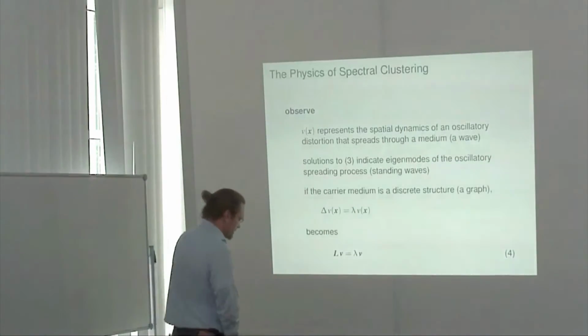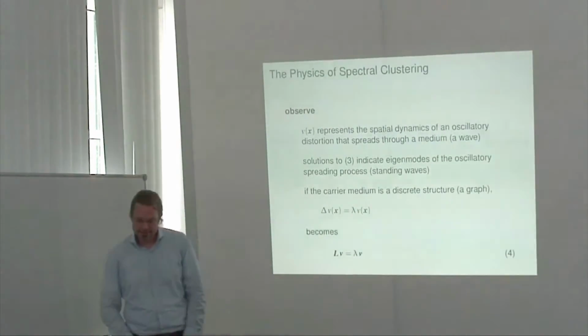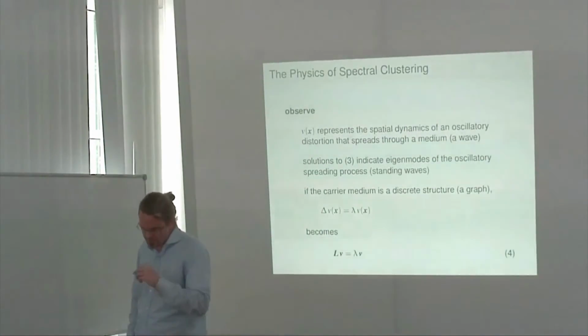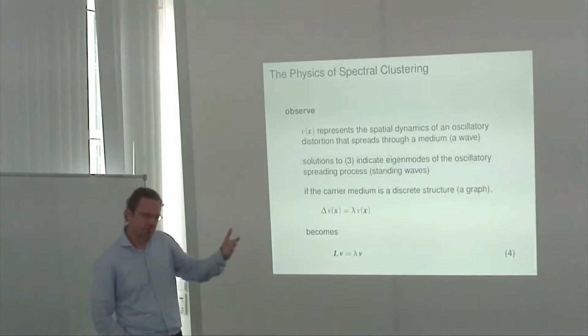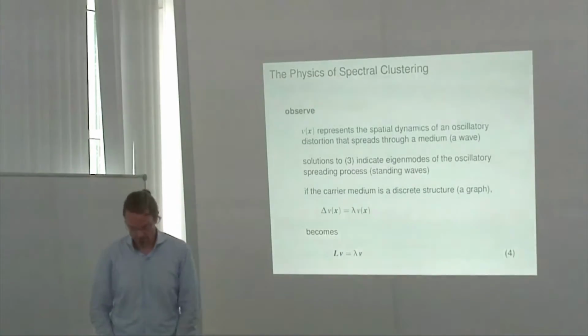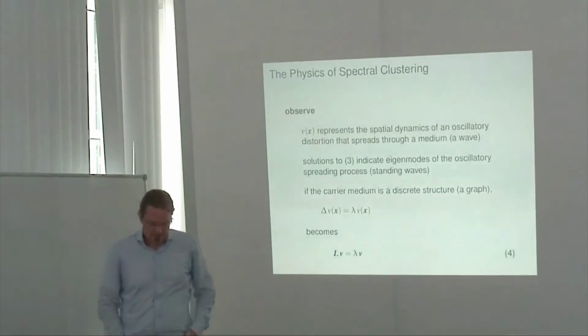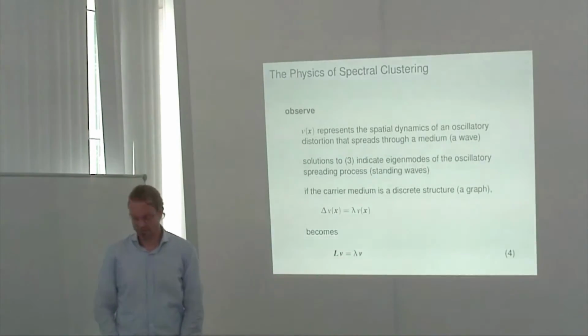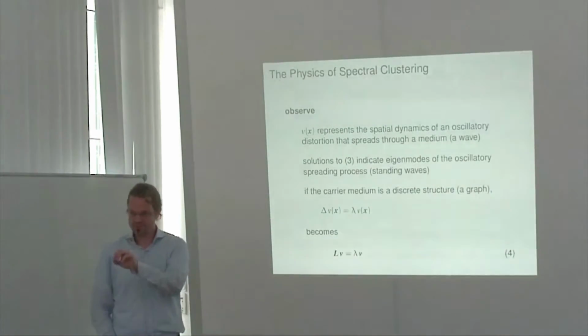So waves are functions of space and time, and if we split the function u of x and t into a component v of x times a component w of t, then that v of x would represent the spatial dynamics of an oscillatory distortion that spreads through a medium. An oscillatory distortion that spreads through a medium is called a wave.